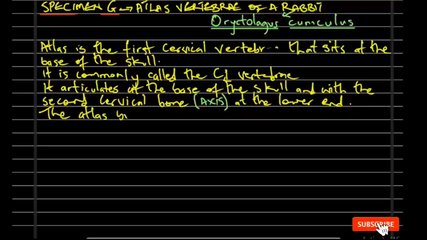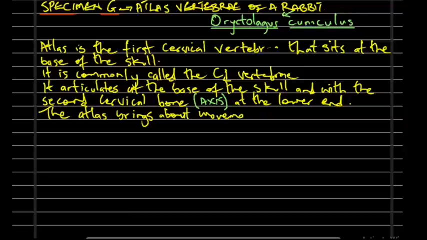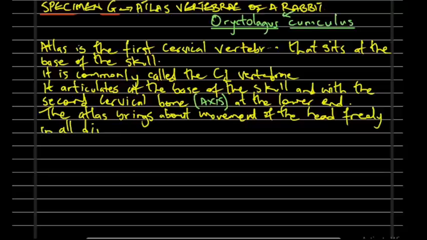The atlas brings about movement of the head, giving it the ability to move almost 360 degrees in all directions, freely. We call it rotational movement.